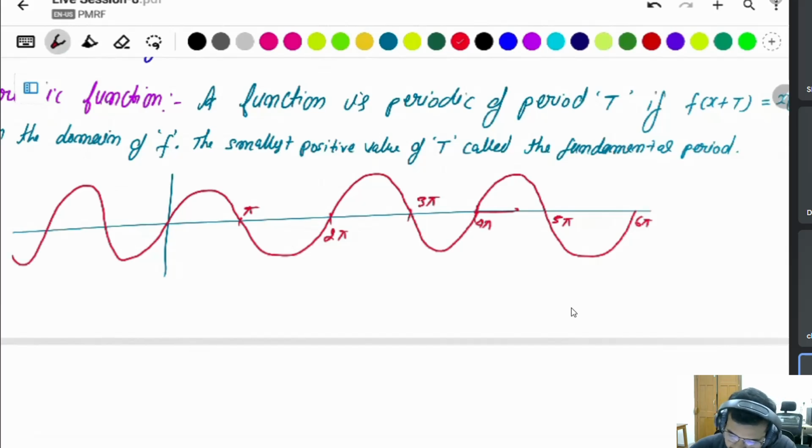You can see here that the signal is repeated. This is the sine wave, and then it starts again.